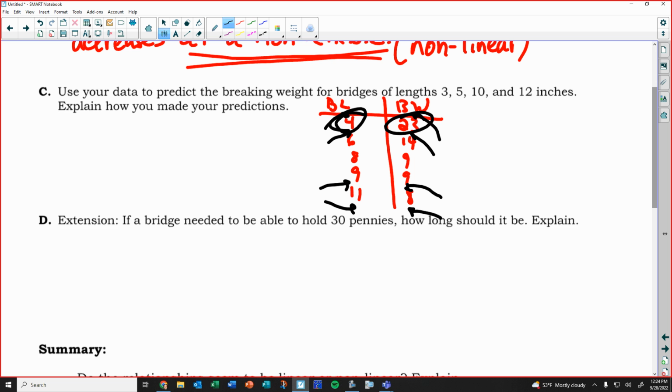How long should the bridge be? How many people said like 3 inches? Or 2? It had to be basically smaller than what you started with, right? With 4. So you're looking for some number smaller than 4. Because there's no way it's going to be longer than 4, right? So you probably had to pick something kind of up in that 2 or 3 inch range. Again, just trying to see if you understood the lesson.